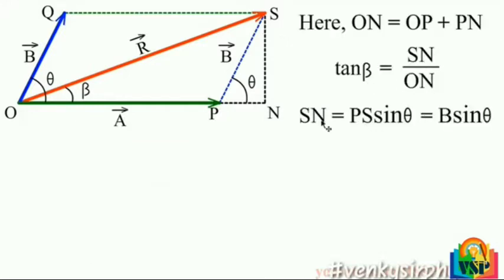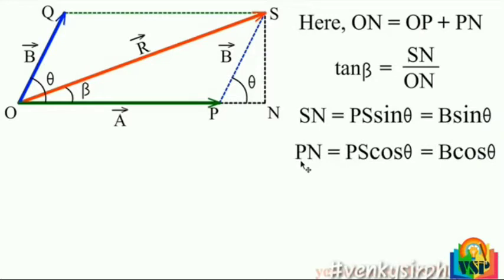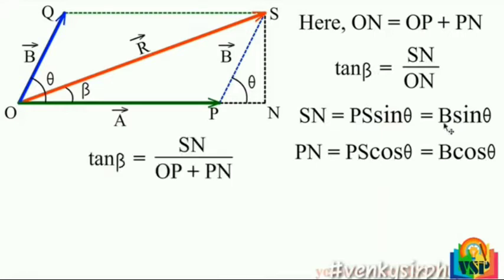SN is equal to PS sin theta, that is equal to B sin theta. PN is equal to PS cos theta, that is equal to B cos theta. Tan beta is equal to SN by OP plus PN.